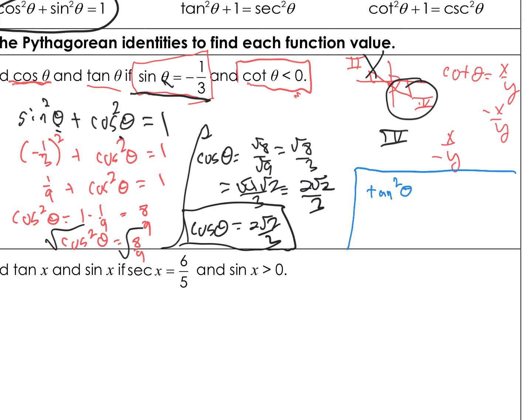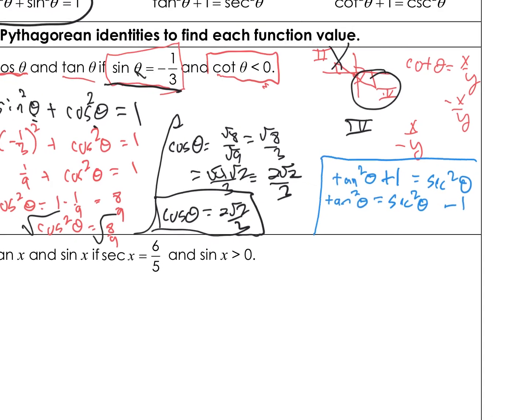Tangent squared theta plus 1 was equal to secant squared theta. May as well use tangent squared since I am looking for tangent. So if I solve that for tangent, tangent squared theta will equal secant squared theta minus 1 by subtracting 1 from both sides.